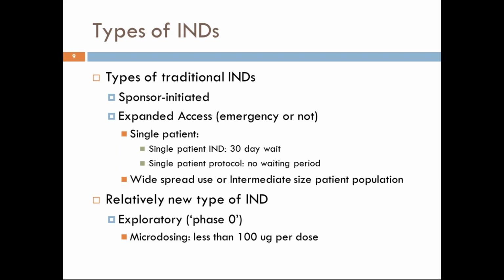We could just slide in a new protocol under the existing IND for just that one patient, and we didn't have to wait. It's kind of a little crazy when you think about it. For some reason, the FDA has a 30-day wait period for new INDs, but not for new protocols. So then it's up to the discretion of your IRB, investigator, and so on, whether it's ethical to do.